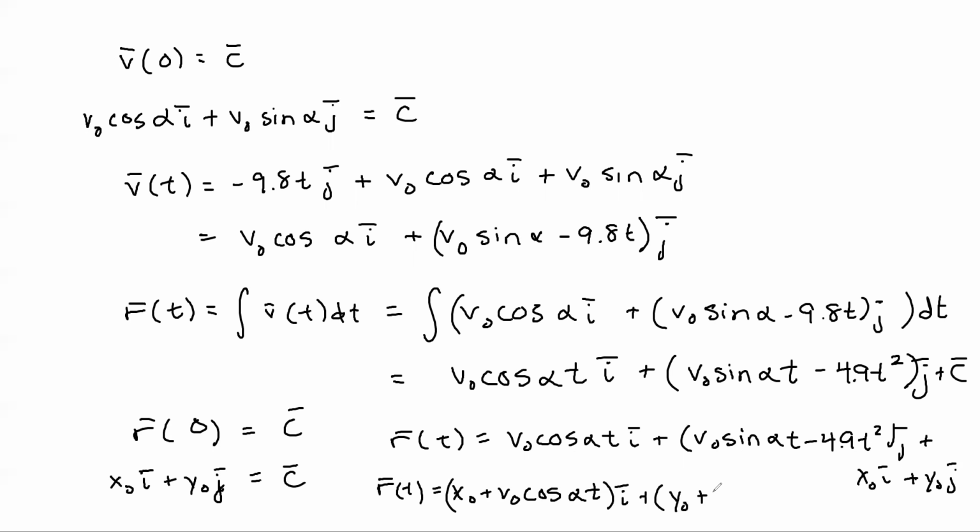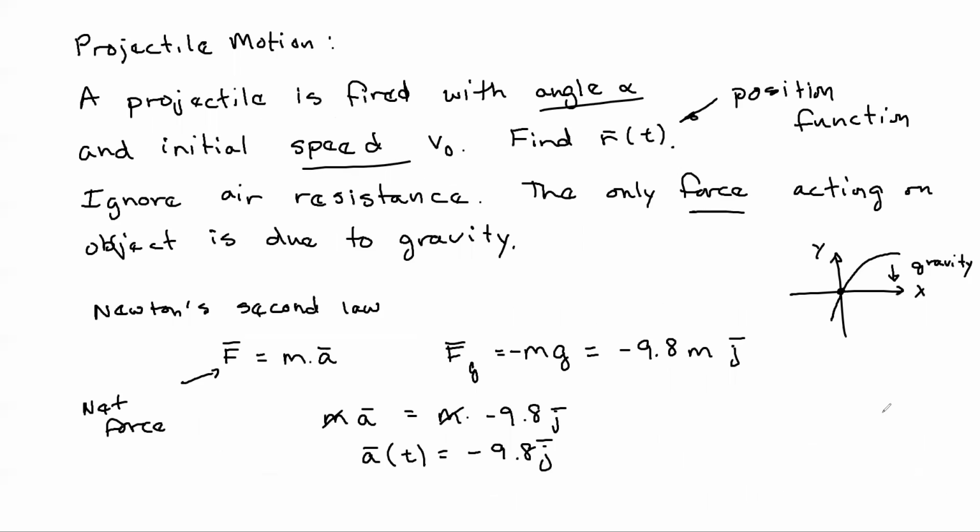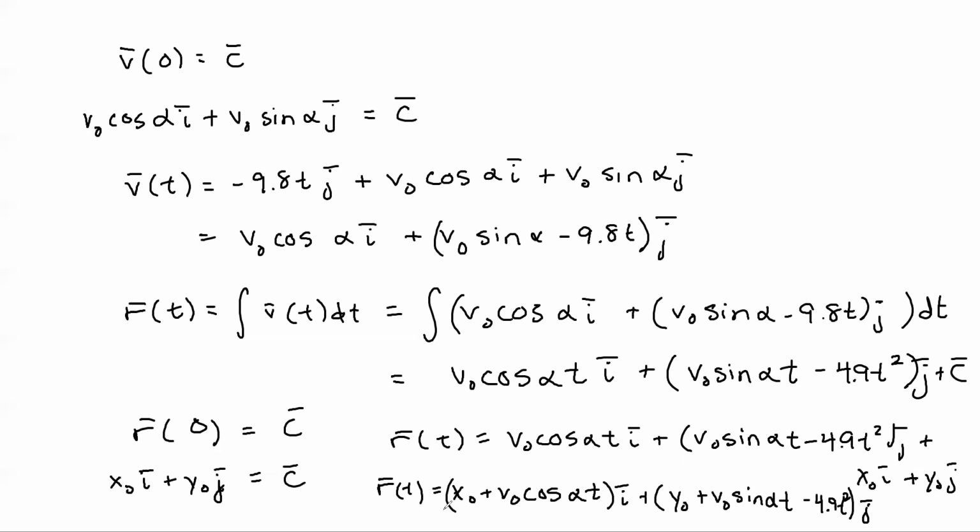Y naught plus v naught sine alpha t minus 4.9 t squared j. And that gives us the answer. Okay, so the goal was to go through and find the position function, and we have done that. This would be the position function for any time. Okay.